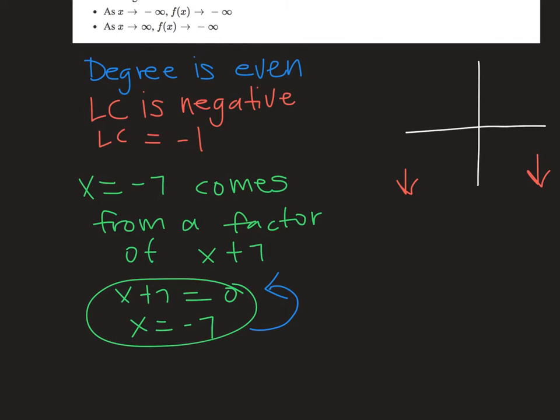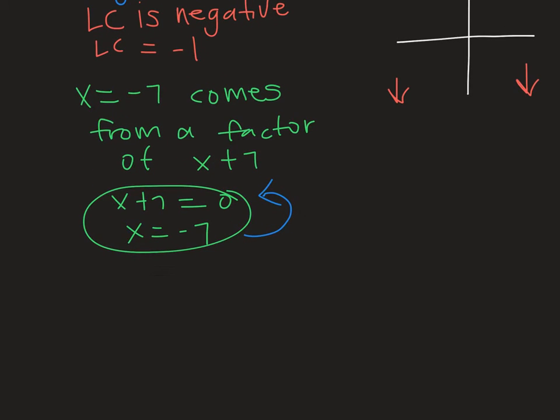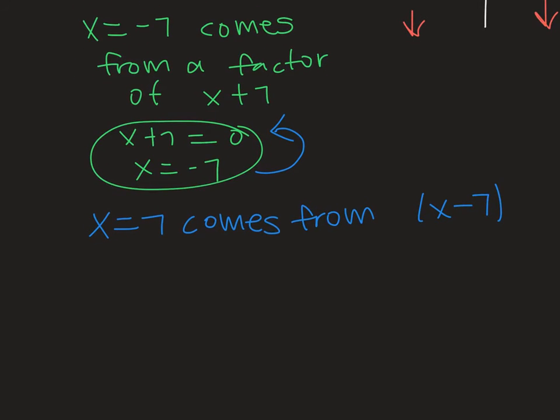And we can also say then that the x-intercept of x equals 7, you can think about what factor that would come from. It comes from the factor x minus 7. Okay, so far what we have for our function, f of x equals, we know our leading coefficient is negative 1.